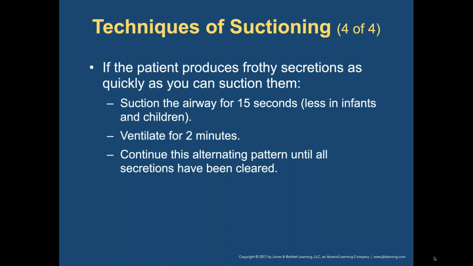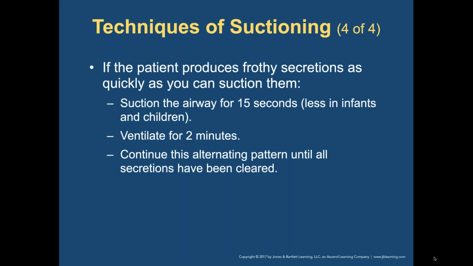If a patient who required assisted ventilations produces frothy secretions as quickly as you can suction them, suction your airway for a little bit longer, 15 seconds, but you can still pretty much stick to the 10-second rule. Then you're going to vent for 2 minutes, which is, how do we vent? If you ever hear ventilate the patient, what are you doing? Breathing for them.